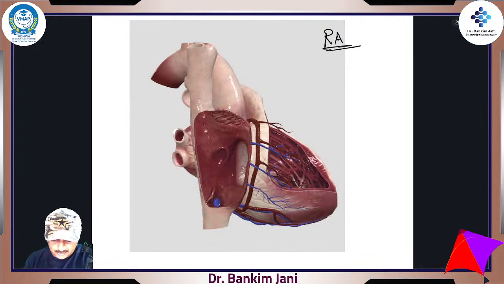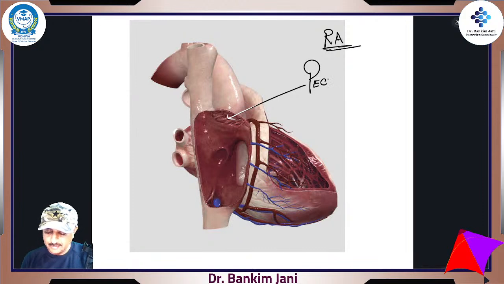In the right atrium, the smooth portion was okay, but there is a rough portion above. This is the rough portion, and it is rough because of muscle, called the pectinate muscle. So this is the first extra thing.